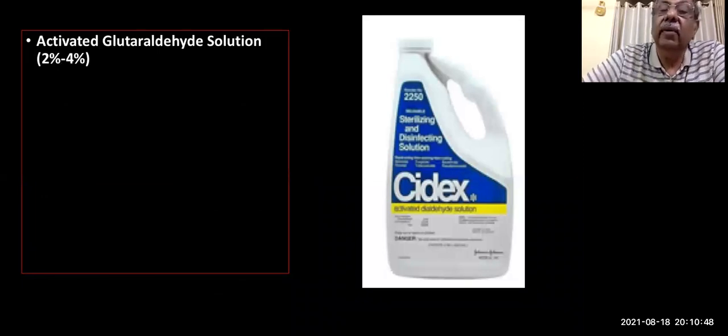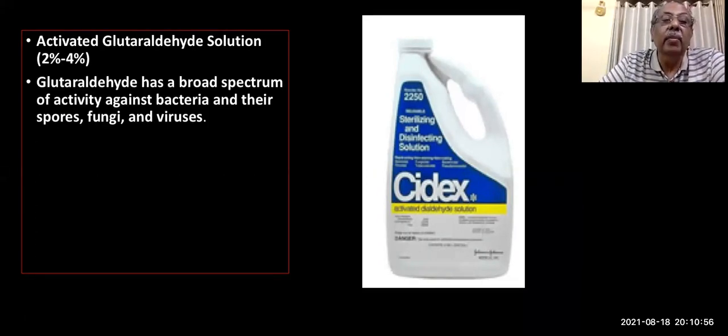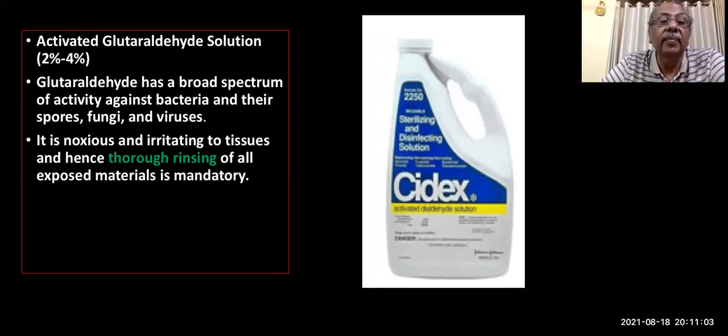Then Cidex is the one that is used for cleaning instruments, and it is activated glutaraldehyde solution. It has broad spectrum activity against bacteria including their spores, fungi, and viruses. But the problem is it is noxious and irritating to the tissues, and hence thorough rinsing of all exposed material is mandatory.